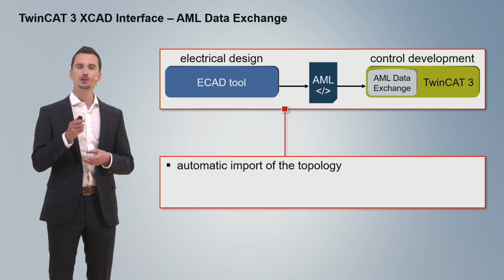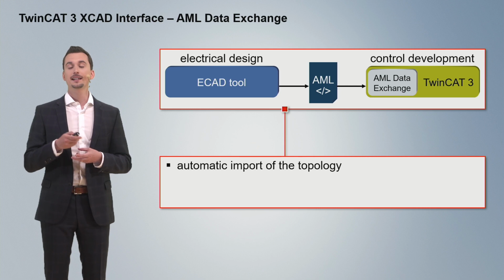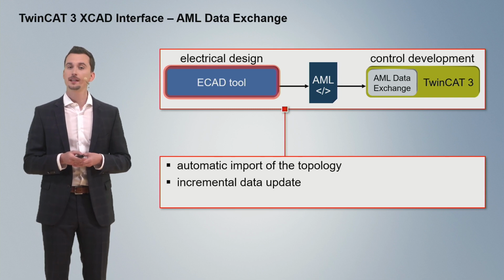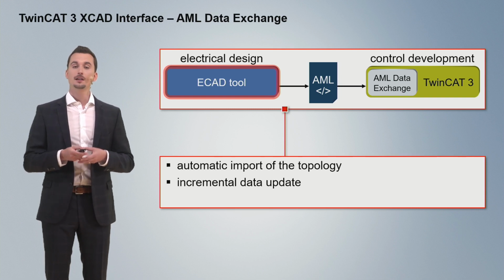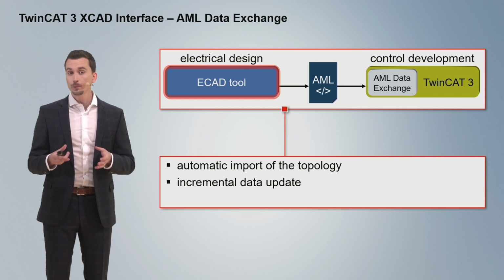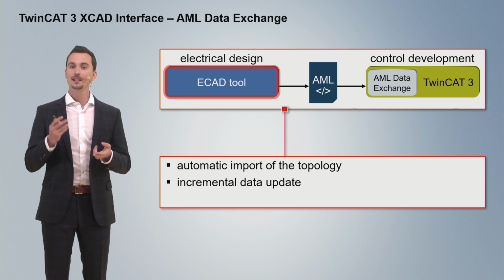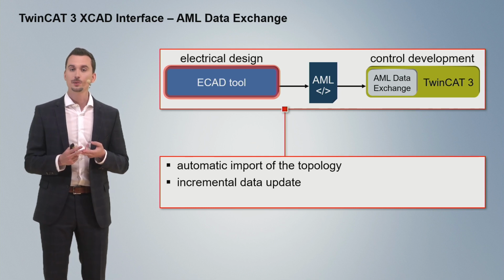If you would like to use this functionality at an early stage in your project, this is also easily possible because an incremental data update is available. So if you have imported the first version, you can already start implementing your PLC code and changing other settings in your TwinCAT project.